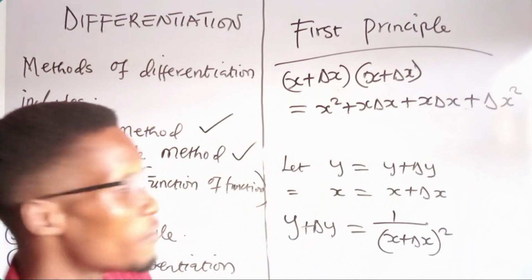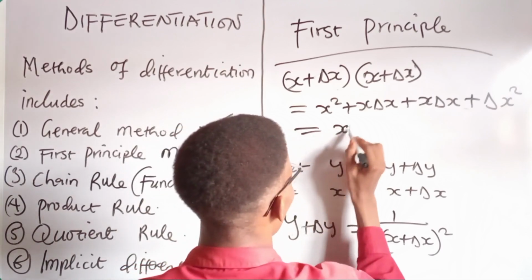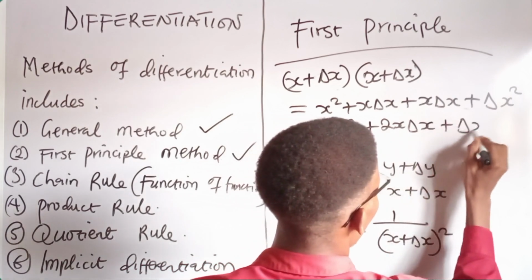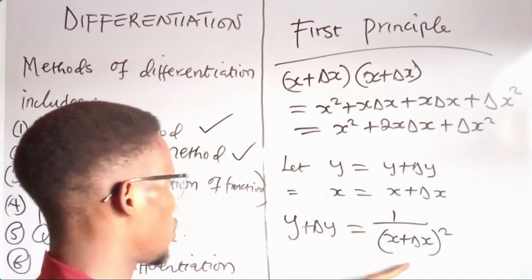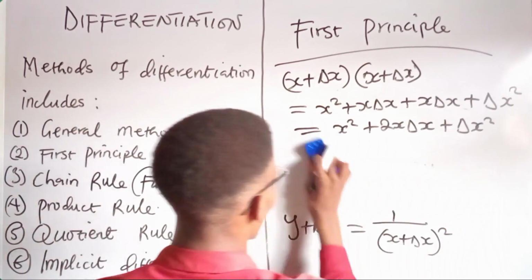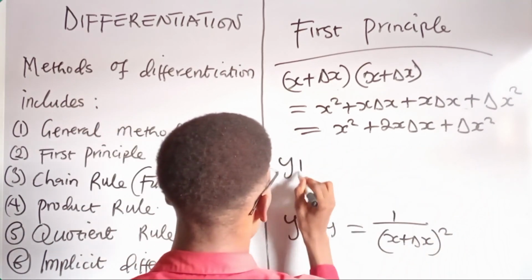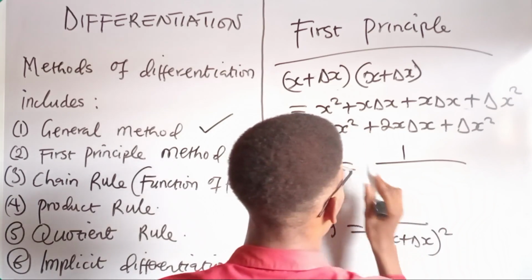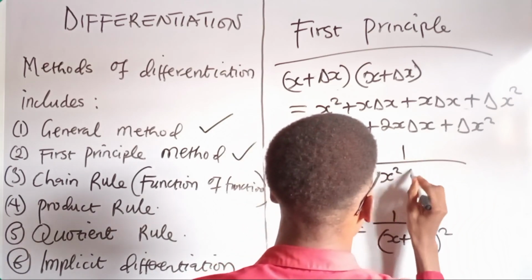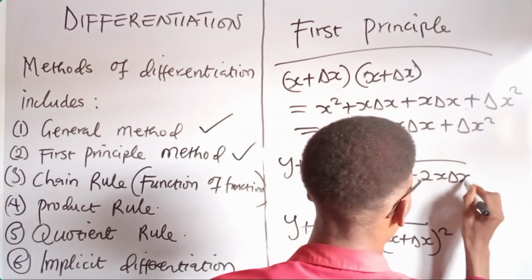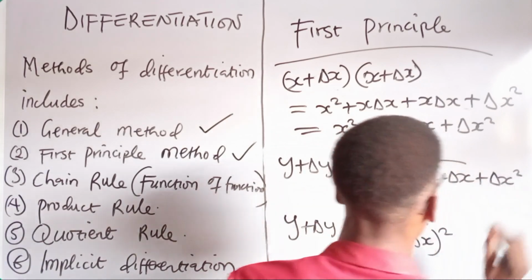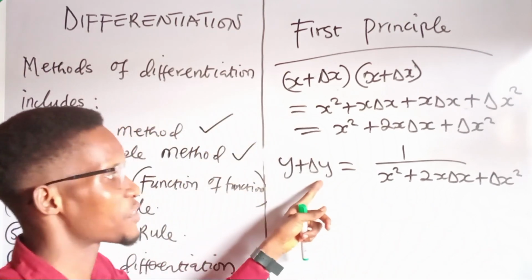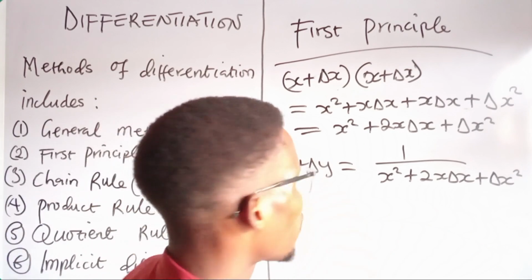So if you add everything together, you're going to have s squared plus 2s change in s plus change in s squared. And that is what you're going to substitute here, which will give us y plus change in y is equal to 1 all over s squared plus 2s change in s plus change in s squared.